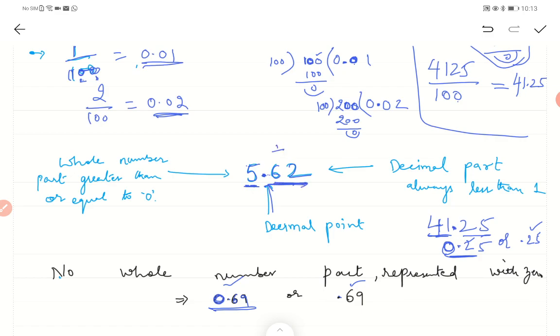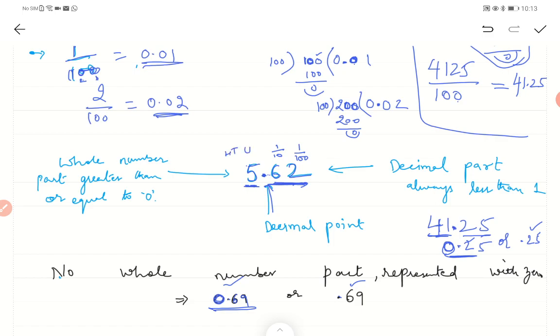the numbers you are going to call tenths place, hundredths place, that is 1 by 10, 1 by 100, called tenths, hundredths. And we know normal whole numbers have units, tens, hundreds.